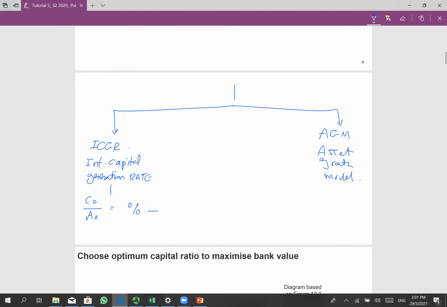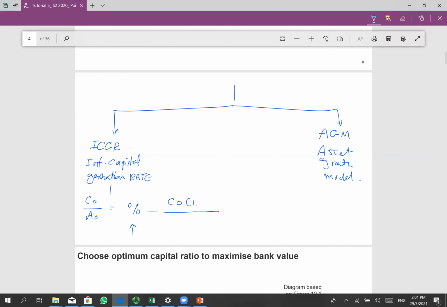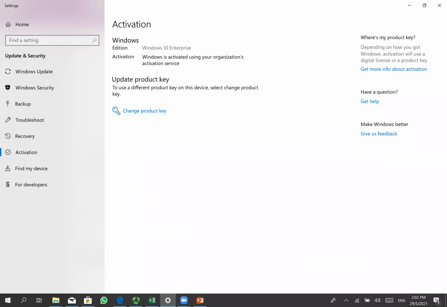To keep this target capital constant all the time, any growth in your capital, which is 1 plus the growth, you can go ahead and increase your assets by the same growth percentage.